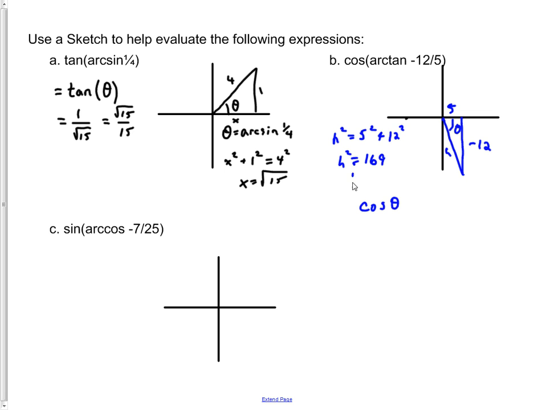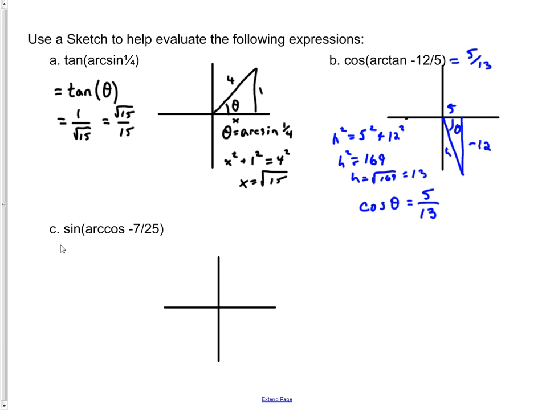Nice perfect square. H is equal to the square root of 169, which is to say 13. So the cosine of that angle is going to be adjacent over hypotenuse, 5/13. So the cosine of the arc tangent of negative 12/5 would be 5/13. All right, and it's a positive number.